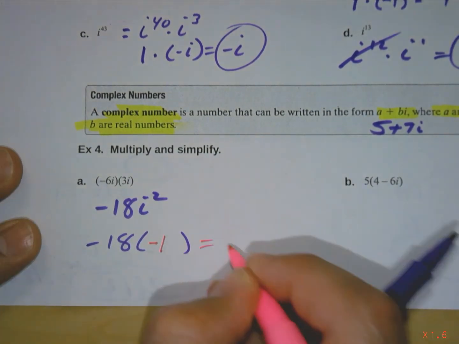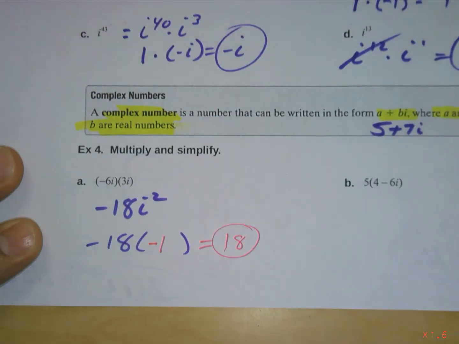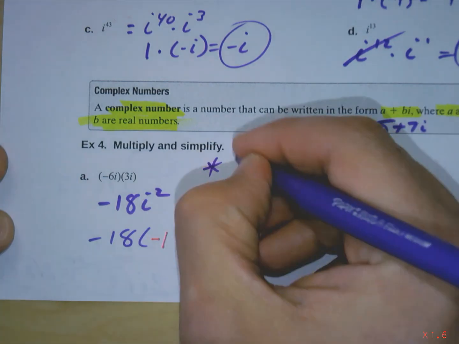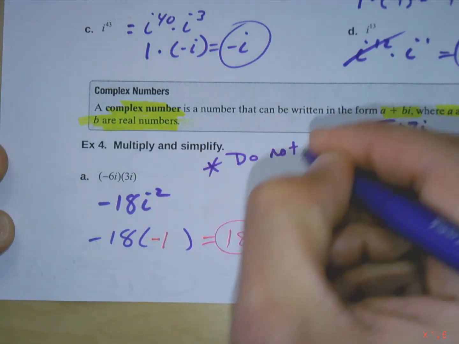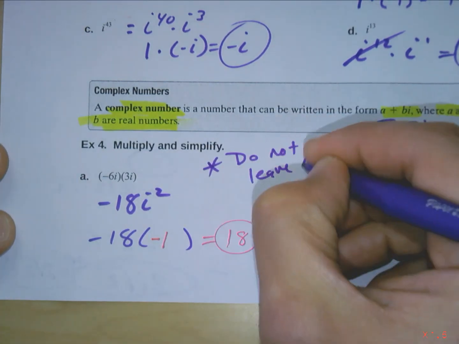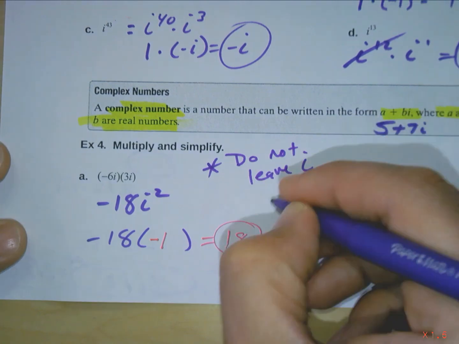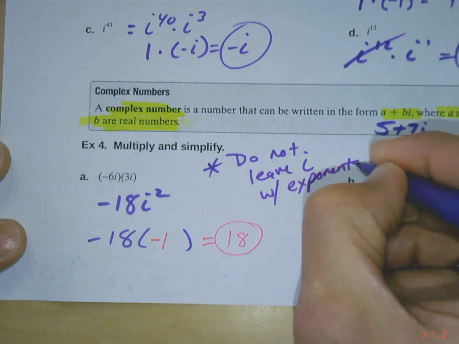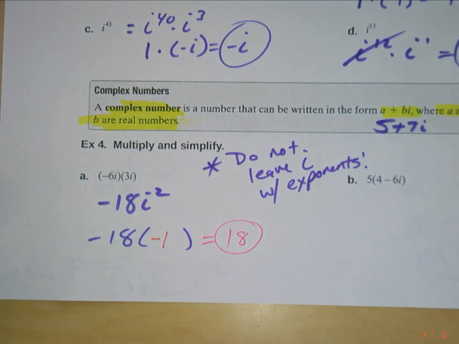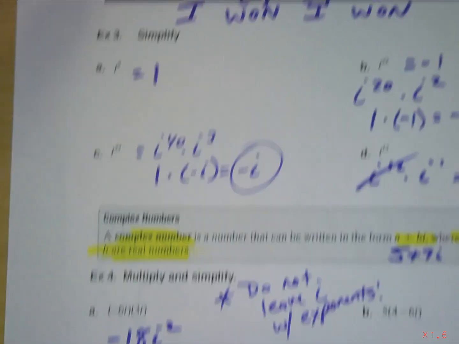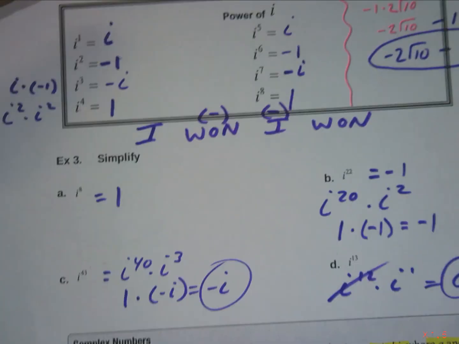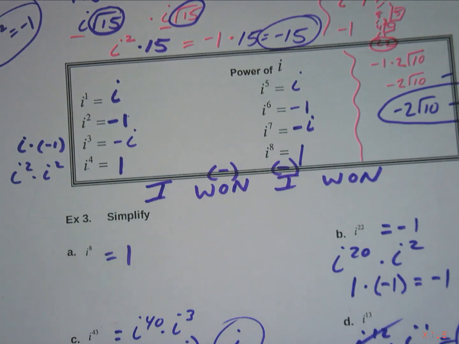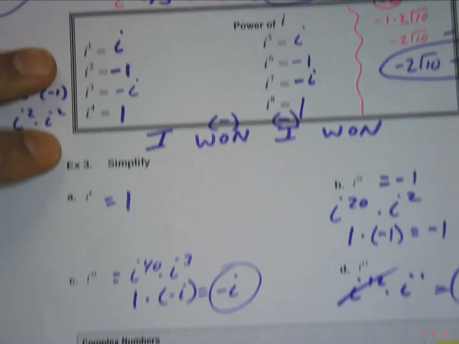And we multiply those together and we get 18. Okay, so again, do not leave i with exponents. We can always simplify those, and we can use the idea that we talked about up here. Those will always simplify to either 1, i, negative i, or negative 1.